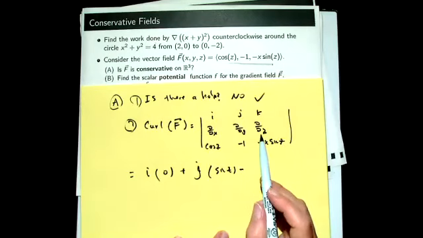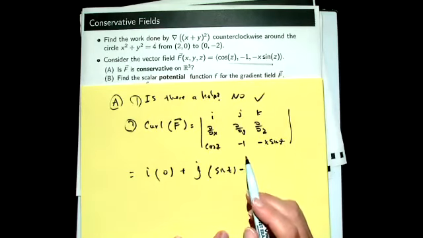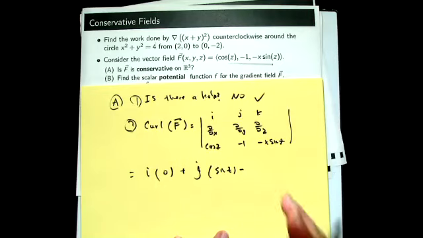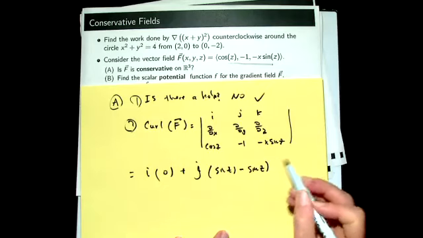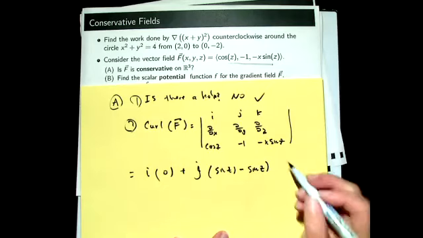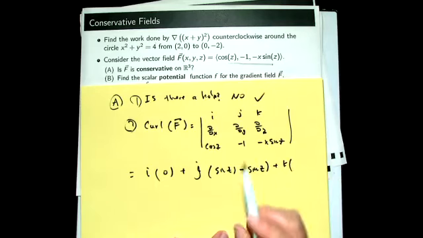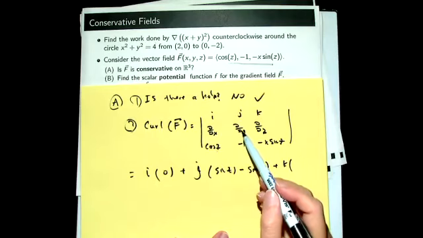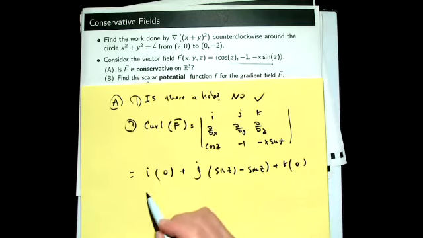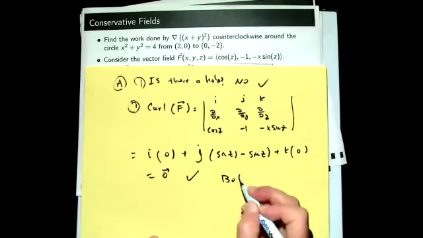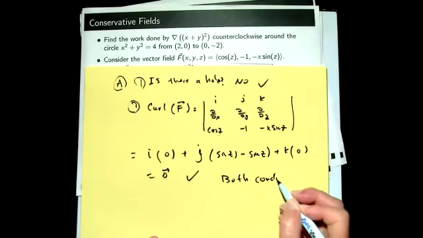And then I have minus, minus, and that would be minus on this. Okay, so now k is derivative of -1, which is 0, and partial with respect to y of the cosine of z, which is 0. I do have the 0 vector. That one checks out. Both conditions checked out.